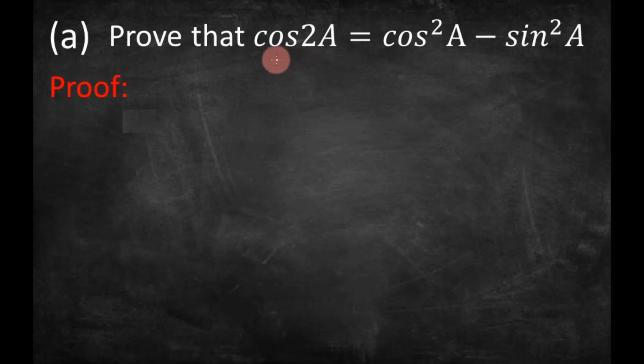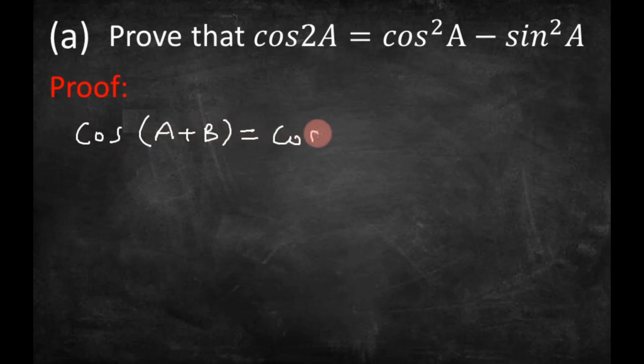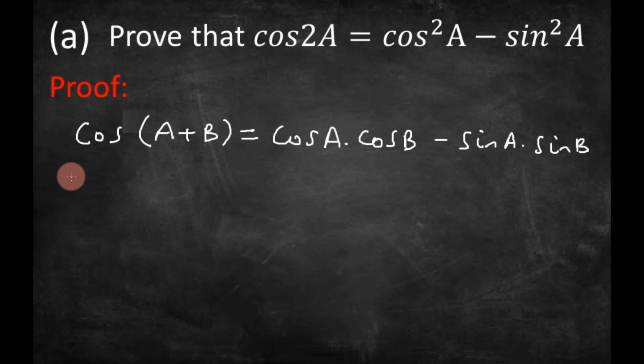The first one says that the cos of 2a equals the cos squared of a less the sine squared of a. So let's look at the proof of this. We're going to use the expansion for cos A plus B. We know that this is equal to cos A times cos B minus sin A times sin B. Now we're going to look at the left-hand side here.